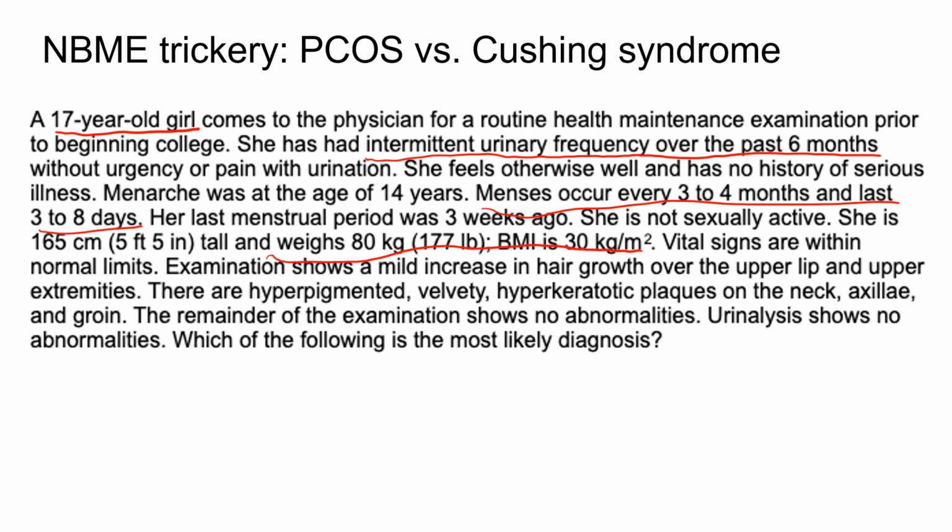Then when we look, we see that there's hair growth over the upper lip and upper extremities, which is consistent with hirsutism, which again we can see in Cushing's and in PCOS, so it doesn't really tell us one way or the other. But then we see the patient has hyperpigmented, velvety, hyperkeratotic plaques on the neck, axillae, and groin, which is consistent with acanthosis nigricans, which is classically seen in someone who has a significant insulin resistance.